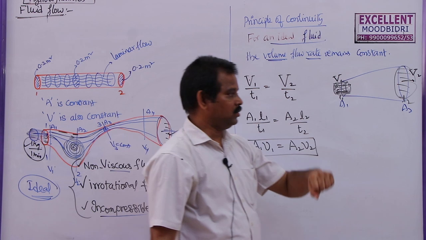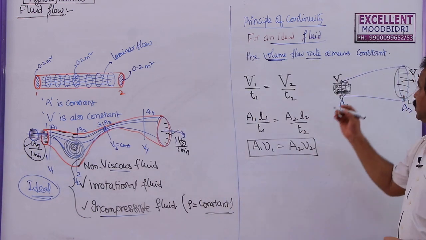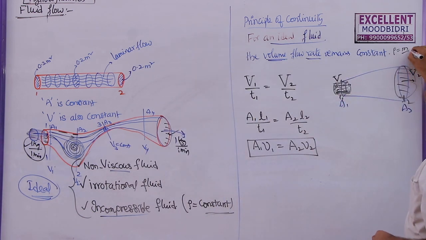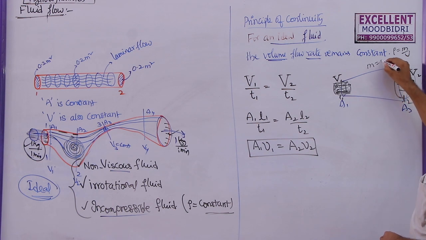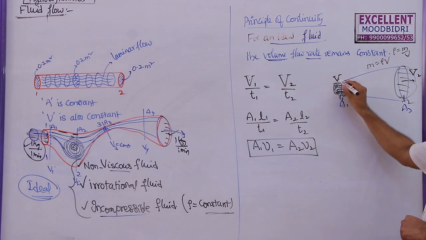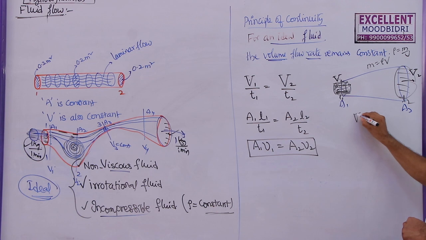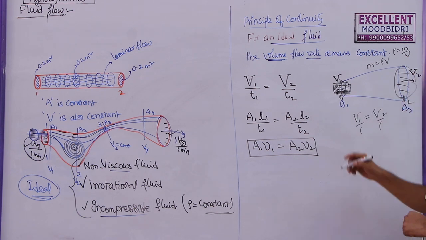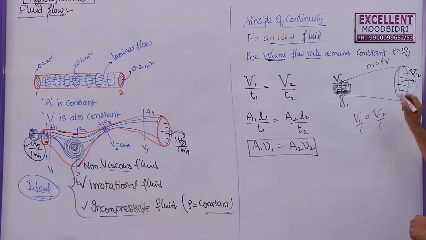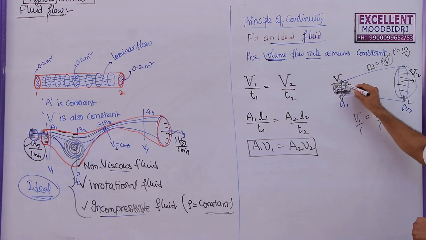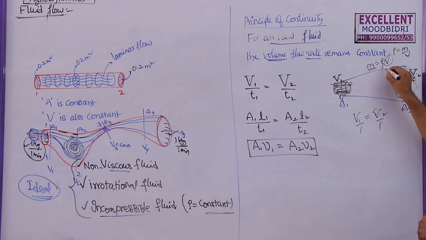As the density is not changing, we can write that density is equal to mass by volume. So mass is equal to density into volume. What is the volume entering here? V1. And what is the volume leaving here? V2, per unit time, meaning per 1 second. So as the volumes are equal, the mass of the liquid that is entering is equal to the mass of the liquid that is leaving. Why? Because the density is constant.